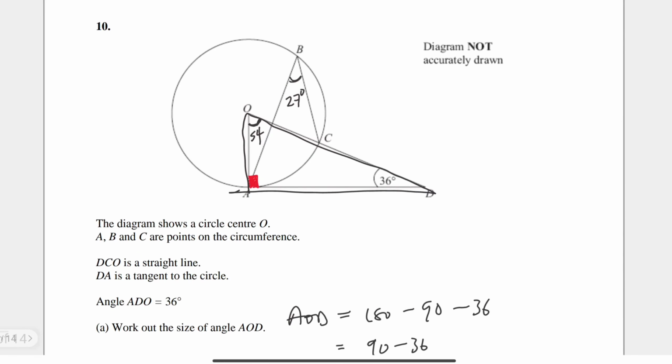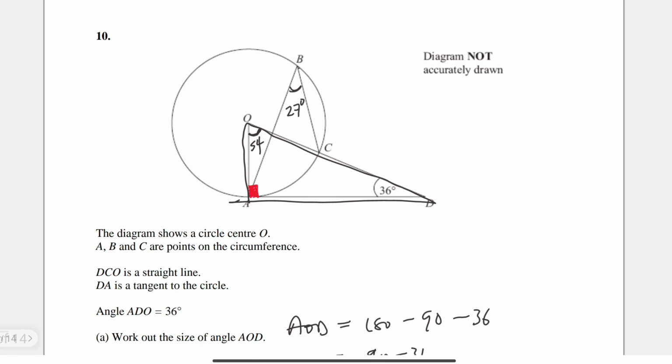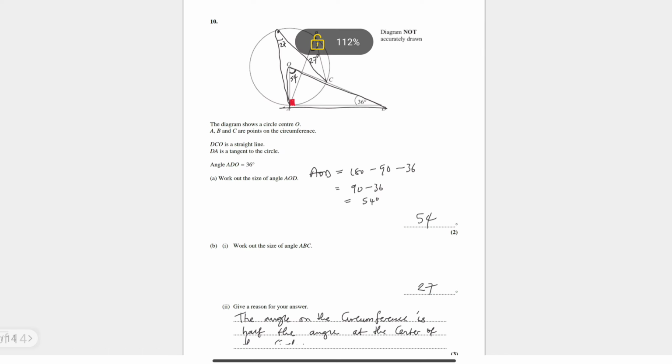Hope that makes sense. You can see from here that if B were right here instead of at this point, it would look exactly like one of the rules that we talked about before. So this is going to be 27 degrees. It's the same.